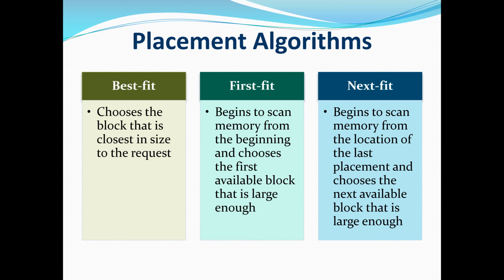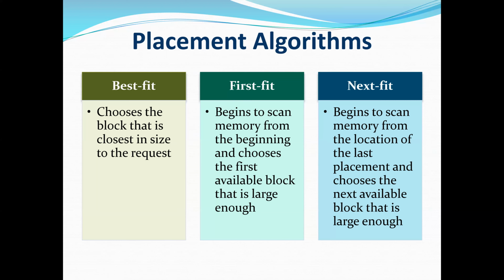Now, the three placement algorithms, as we can see on our screen, are the best fit, the first fit, and the next fit. Of course, all are limited to choosing among free blocks of main memory that are equal to or larger than the process to be brought in.